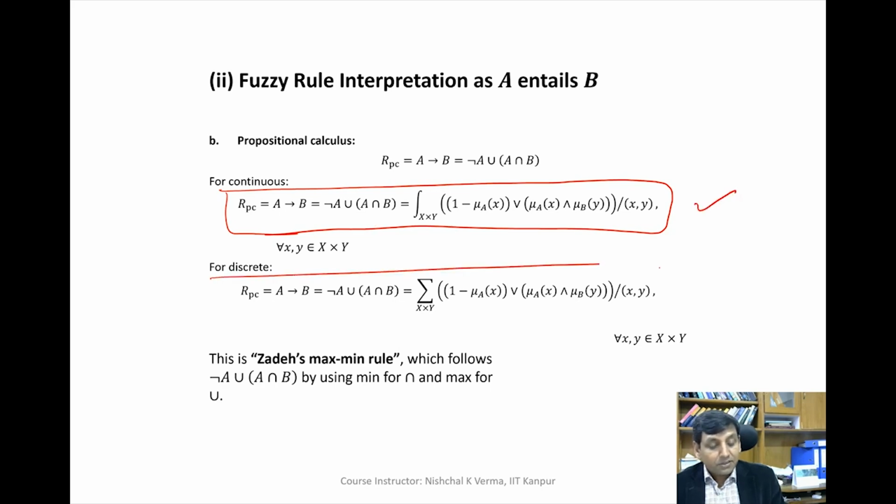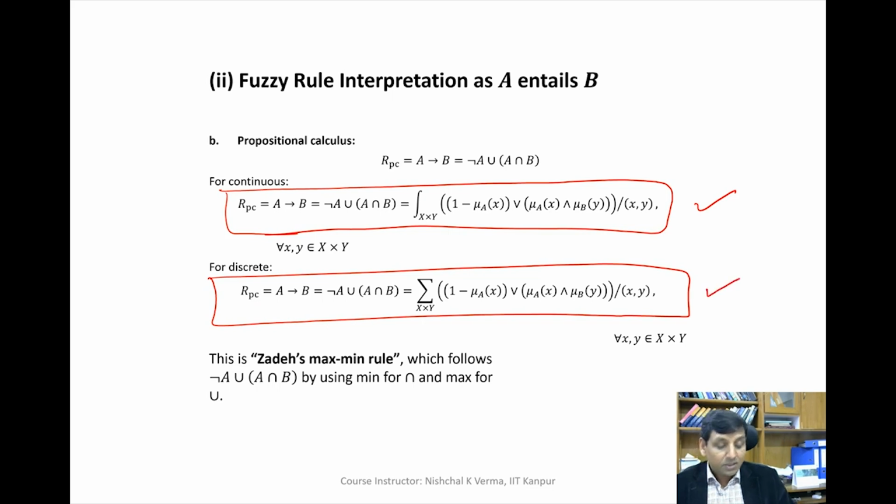Similarly, for discrete fuzzy sets, when we apply the propositional calculus, we get a relation on propositional calculus R_PC by this expression.